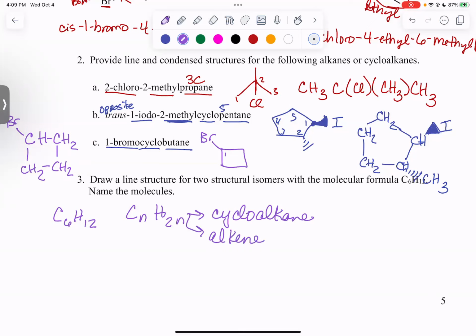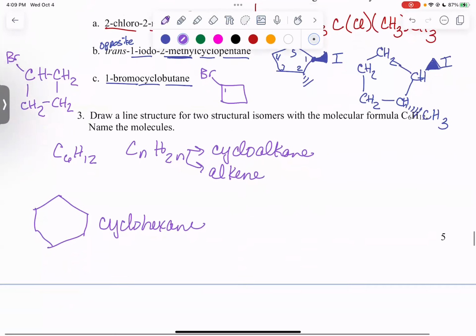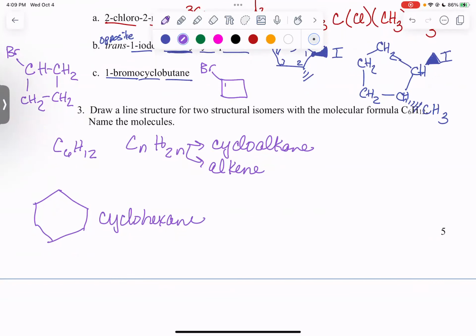So let's draw them 2 different ways. So let's draw the cyclo molecules. So if I wanted to draw a cyclo molecule with 6 carbons, that would be cyclohexane. But I could also draw it as 1 fewer carbons in the ring and put 1 of the carbons on the outside.